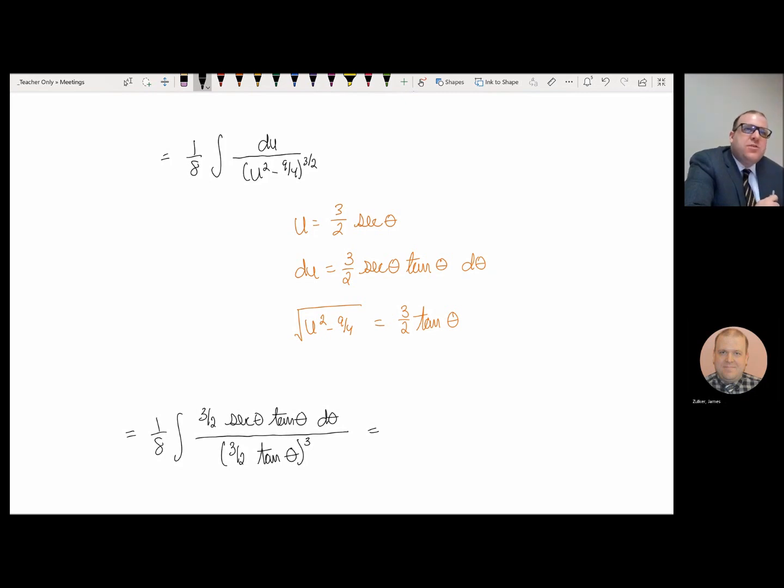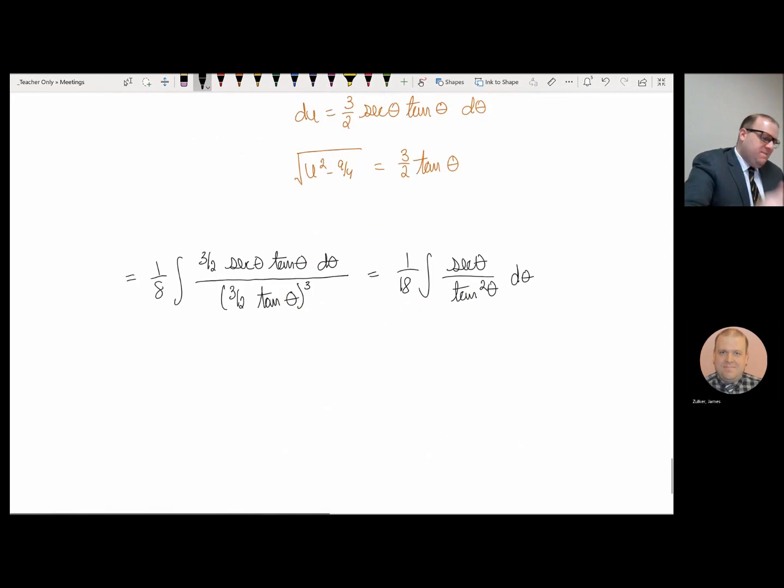So 3/2 squared, 9/4. 1 over that is 4/9. 4/8 is a half. We'll be left with 1/18 on the outside. Tangent over tangent cubed is 1 over tan squared, right? We're left with secant over tangent squared. How would we have to do that antiderivative?